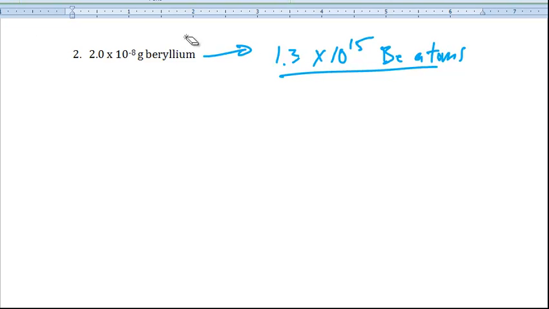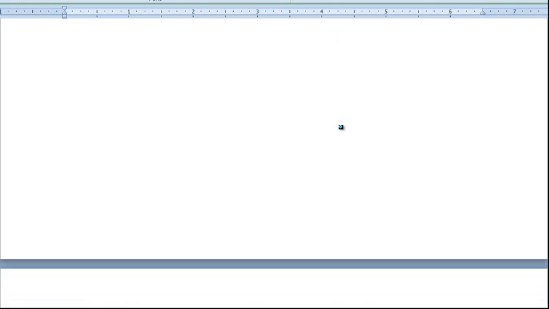So technically I can only keep the 1 and the 3 here, because the problem is giving us a mass that's only to 2 significant figures. So technically this is our answer. And always be sure, don't forget after you calculate a number, that number corresponds to something physical, so you've got to put the units here, beryllium atoms. All right, let me make sure my time is up here so I can see it.